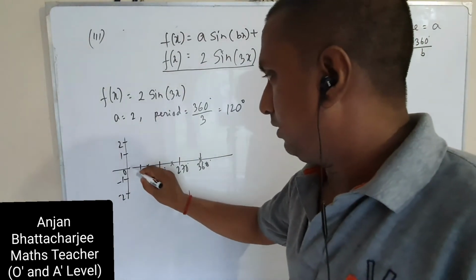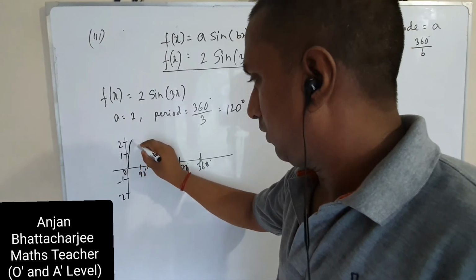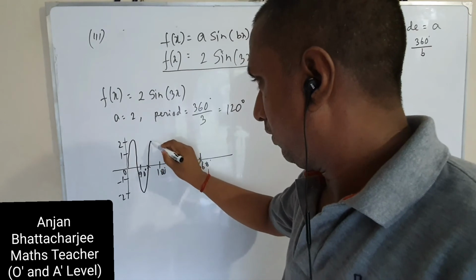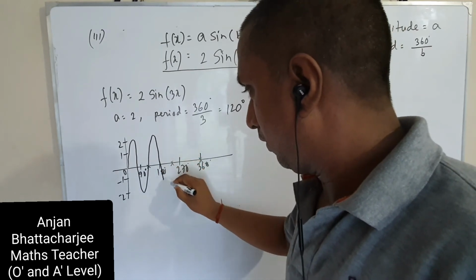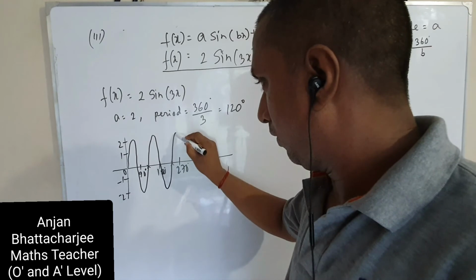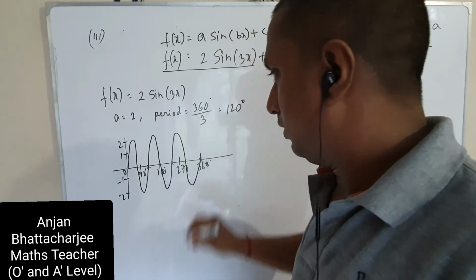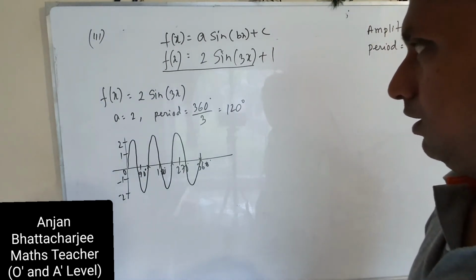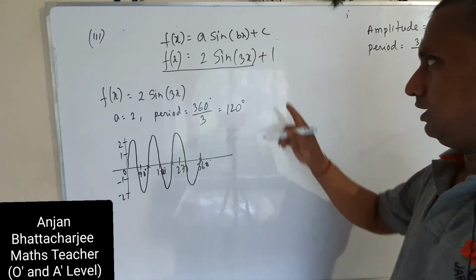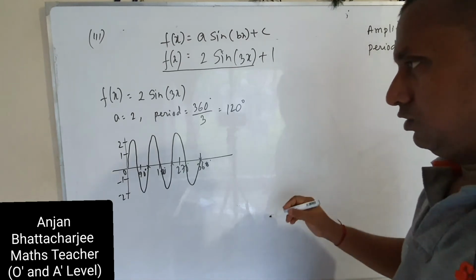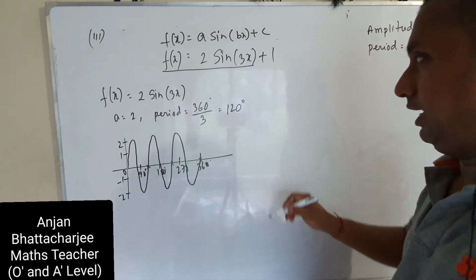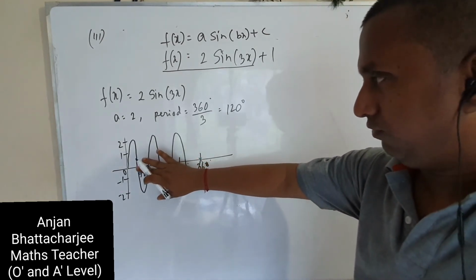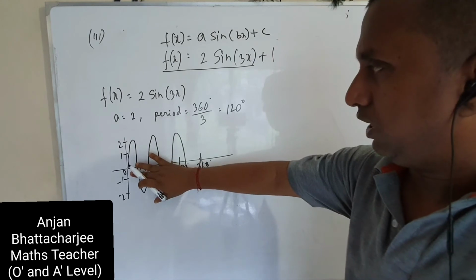Okay, let me draw it again. See this one. Now just remember, it is plus 1. So draw the same thing again, but since it is plus 1, the graph will go 1 unit above.